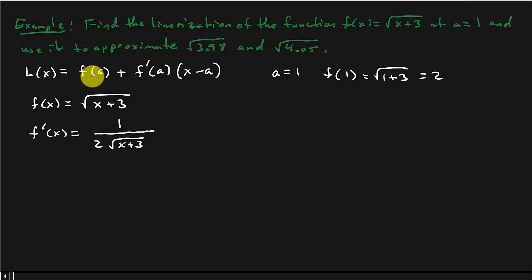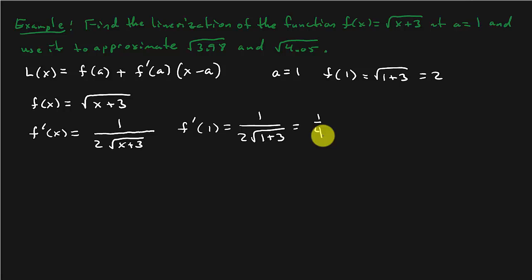We need this evaluated at 1, so f prime of 1 is equal to 1 over 2 times the square root of 1 plus 3, which is 1/4. So I've got everything.